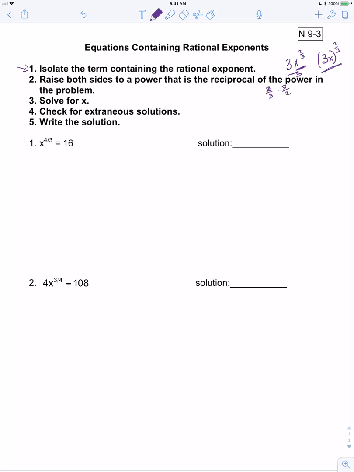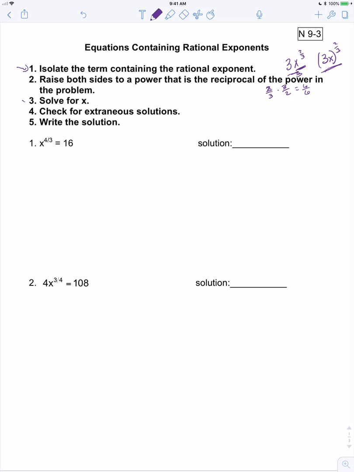Well, remember, a power raised to a power, you multiply them, and when we're multiplying fractions, it's top times top and bottom times the bottom. So 2 times 3 on the top is 6, and 3 times 2 on the bottom is 6. So you're making that power 1, which is what we want to get it back down to. That's why we use that reciprocal.